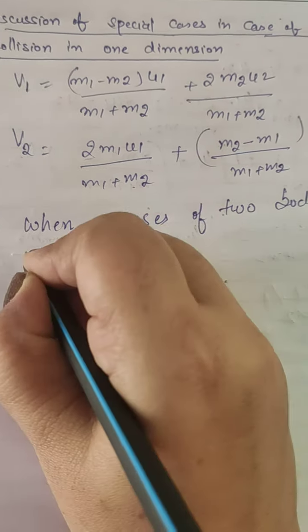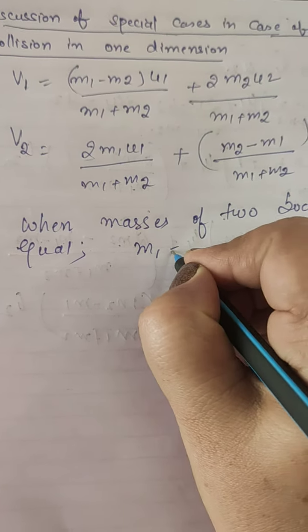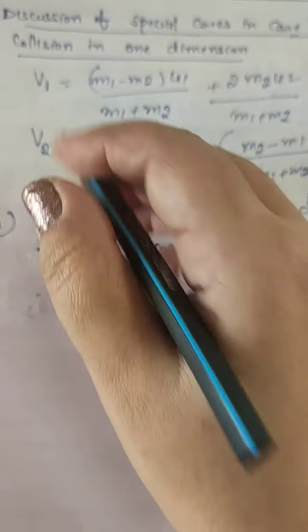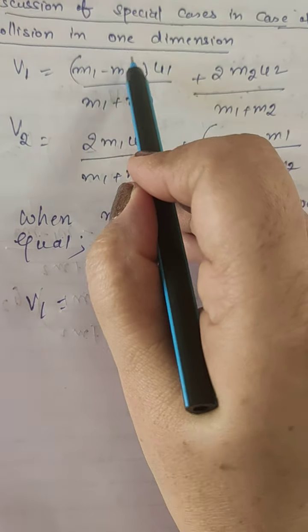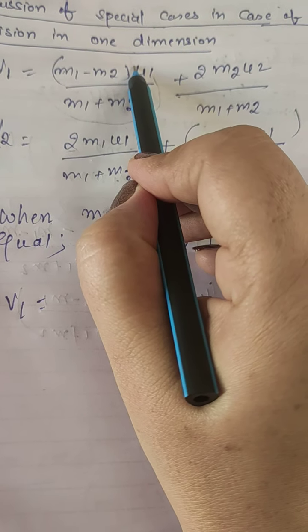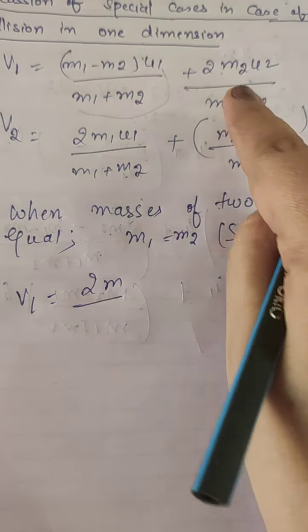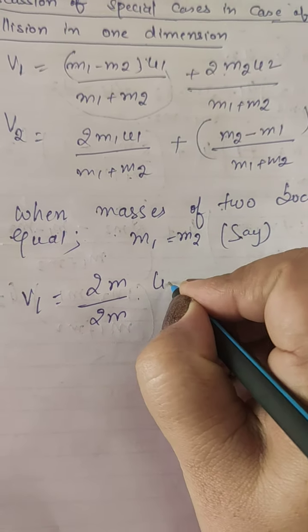in that case m1 is equal to m2, say m. So in that case v1 is equal to, when m1 is equal to m2, then this factor will become equal to 0, and in this case we will get 2m upon (m plus m), which is 2m, into u2.